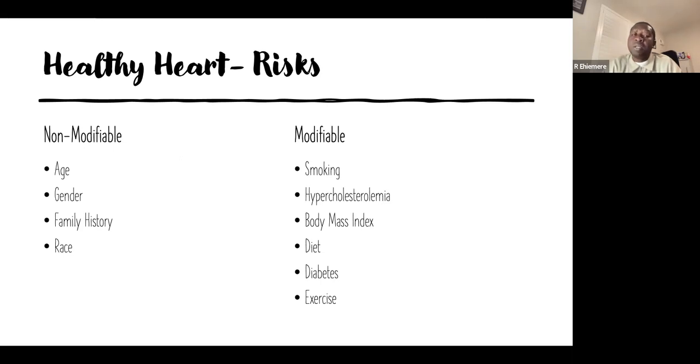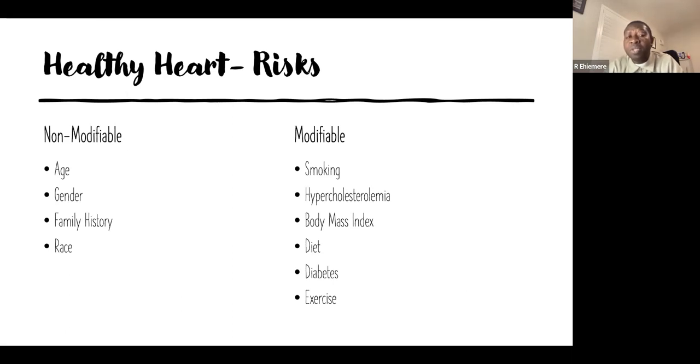But that doesn't mean that somebody who is 35 or 37, if they had risk factors, couldn't have an unhealthy heart. They can. But if you looked at the global general population, the older the age of the individual, the higher the likelihood of heart disease.